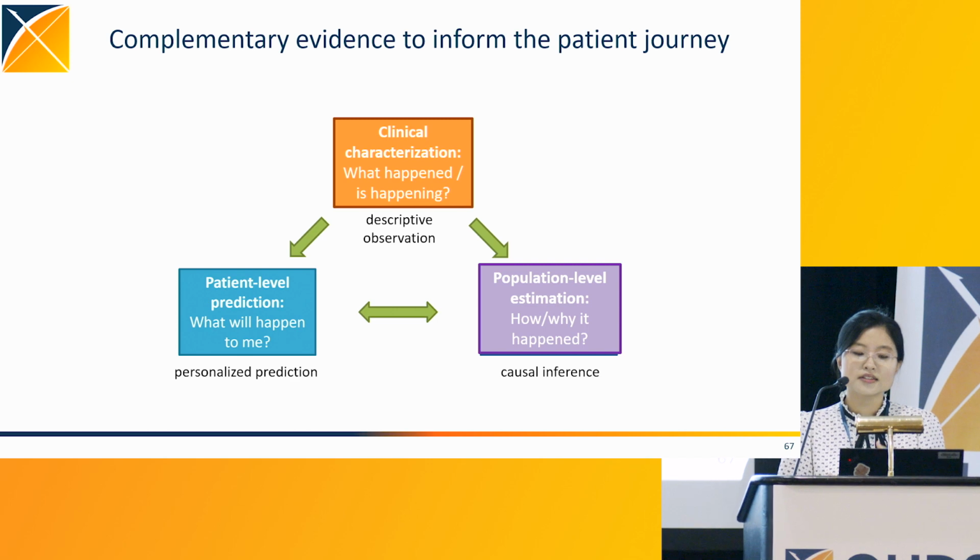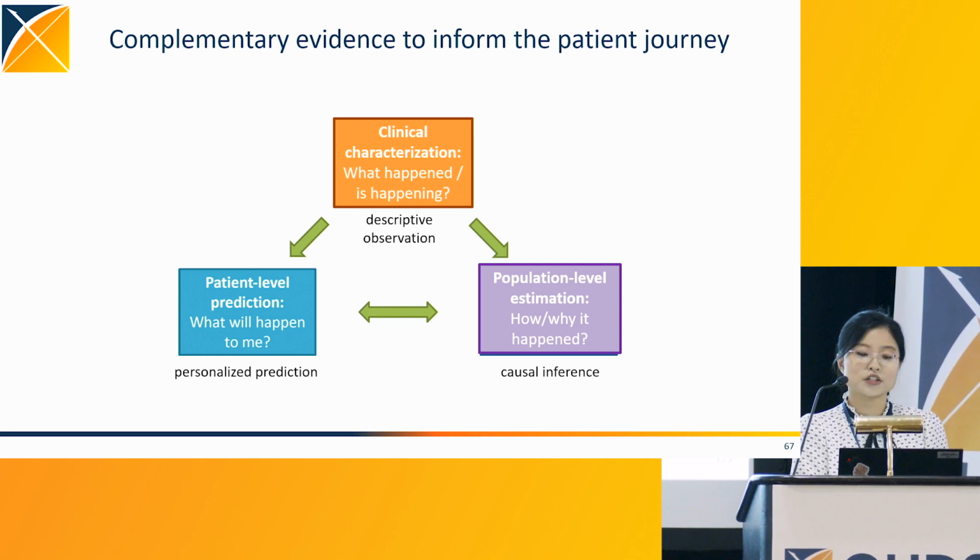So together, this is like a triad, or the three pillars that Erica mentioned, about the methods that we have developed, validated, and implemented efficiently over the years. Clinical characterization, in short, is about learning and characterizing what has happened and what is happening out there.